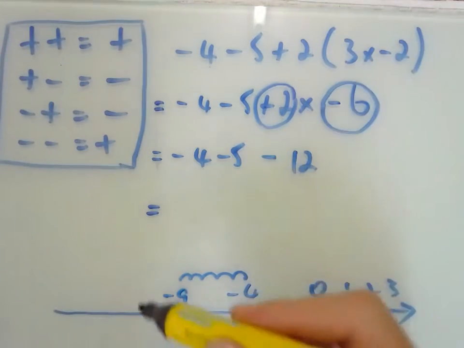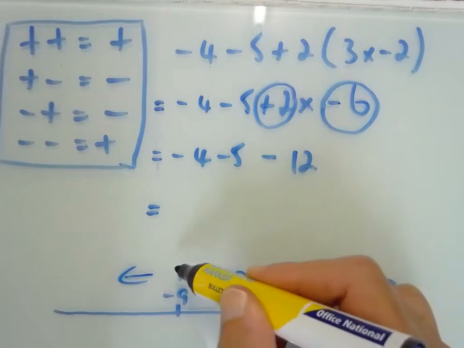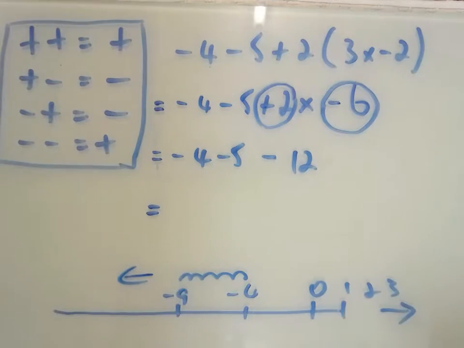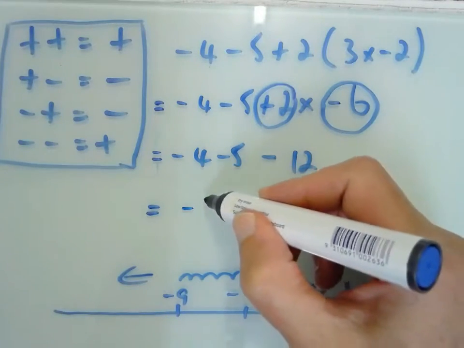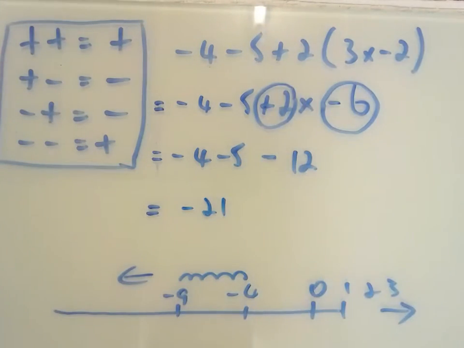We're at negative 9 and we've got to subtract another 12 that way. How nasty am I? Minus 9, minus another 12. You can use your fingers if you want, but hopefully you will just know that that is negative 21.